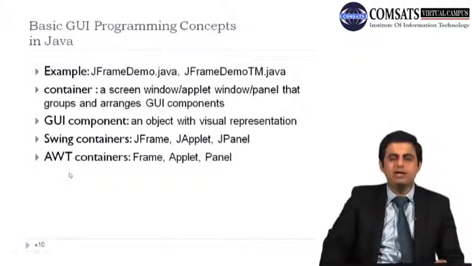If you talk about AWT containers, they had frame, applets, and panels. The difference between AWT and Swing is the J attached to it.